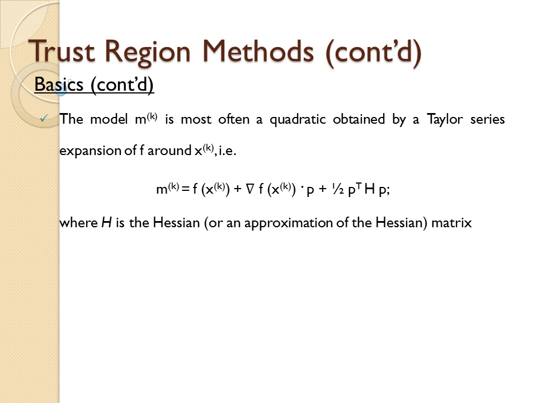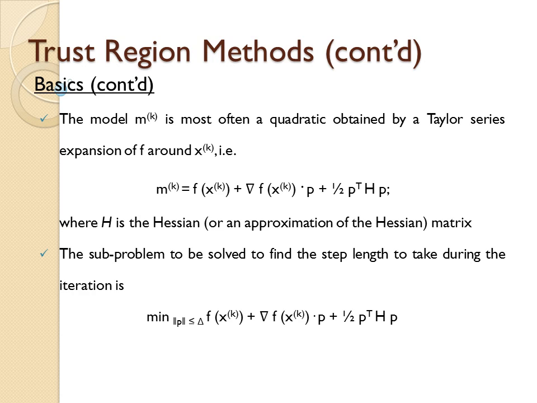The model Mk that is usually used by trust region methods is of quadratic form. These are obtained by a Taylor series expansion of f around xk. That means Mk equals f of xk plus gradient of f of xk dot p plus half of p transpose Hp, where H is the Hessian or an approximation of the Hessian matrix.